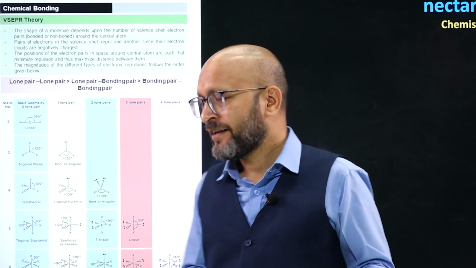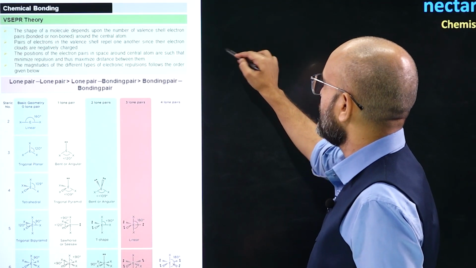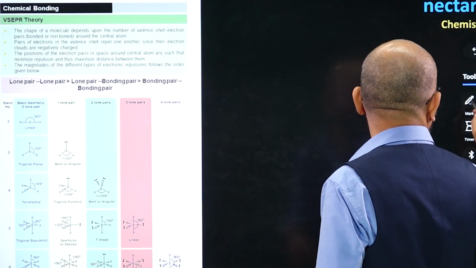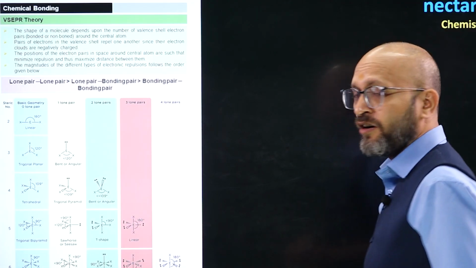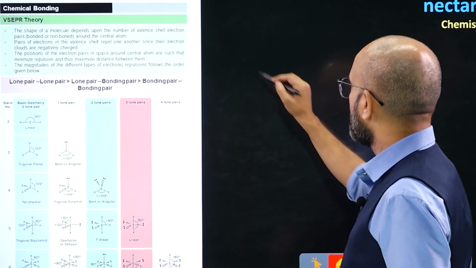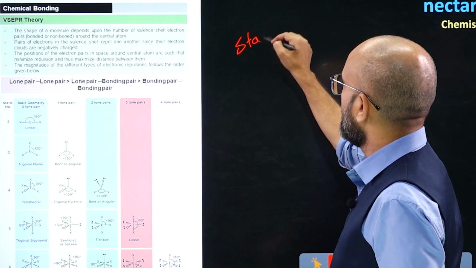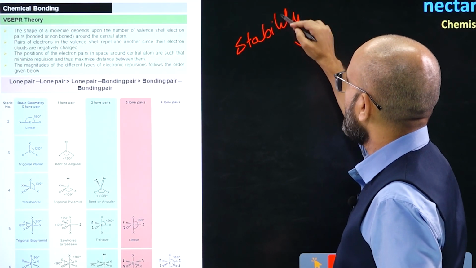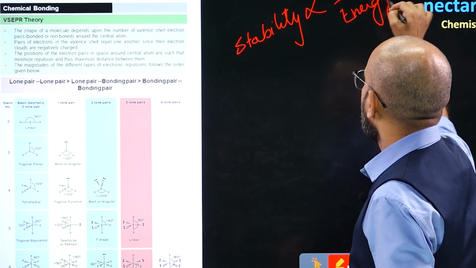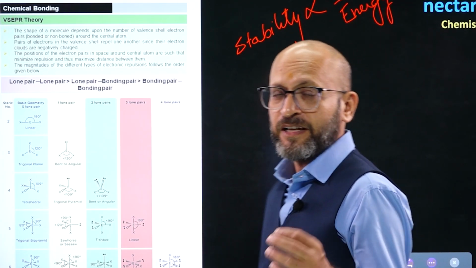I hope you understand that energy and stability have an inverse relation, right? You already know this. For example, if I have a stable structure, that means it will have low energy. And if I have an unstable structure, the energy will be high.